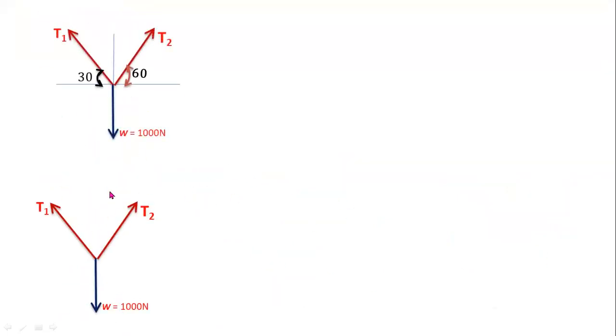So here from Lami's theorem, for applying Lami's theorem, you have to determine all angles. Here from the free body diagram, the angles are 30 degrees and 60 degrees. So here the total angle between force W and T2 is 90 degrees plus 60 degrees.